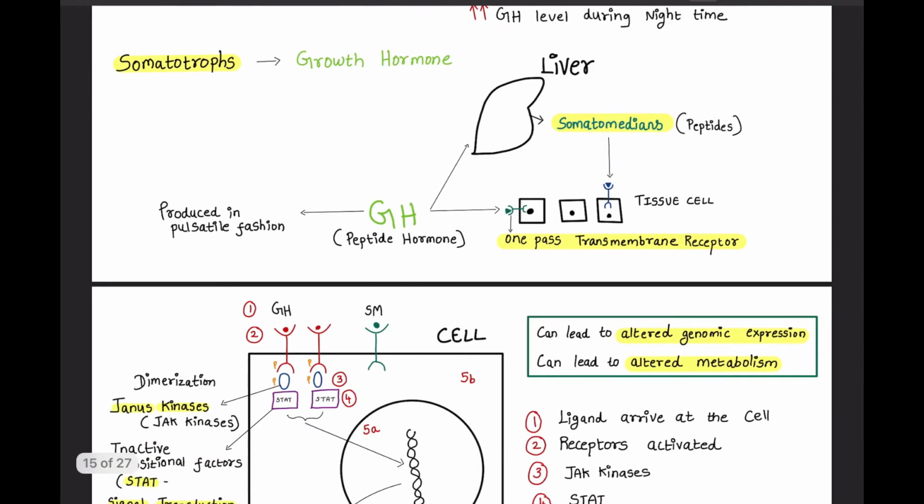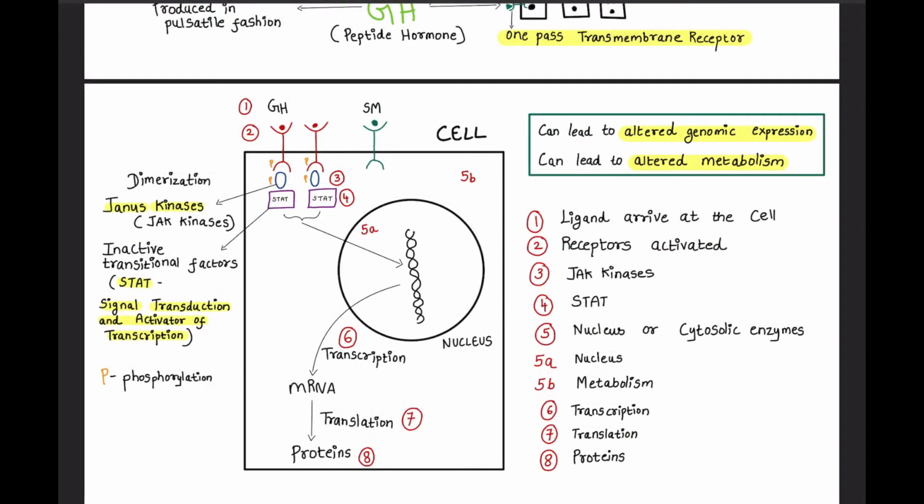Now we will see what happens inside this tissue cell. In the tissue cell, the growth hormone and somatomedins arrive at the cell where they meet the one pass transmembrane receptor and attach to it. Then this one pass transmembrane receptor will undergo dimerization and it will form JAK kinases.